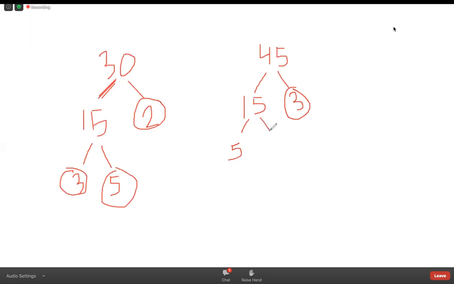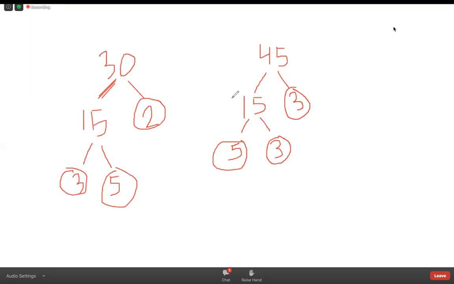And what times 5 gives you 15? What's the other factor? 3. Good. So can you tell me the prime factorization of 45? 5 and 3 and 3. Good. 5 times 3 times 3.